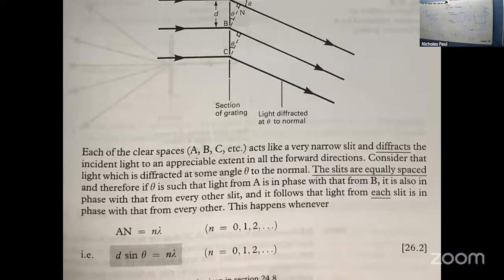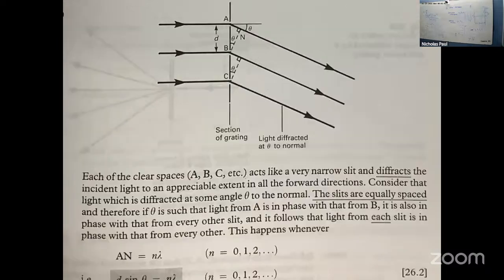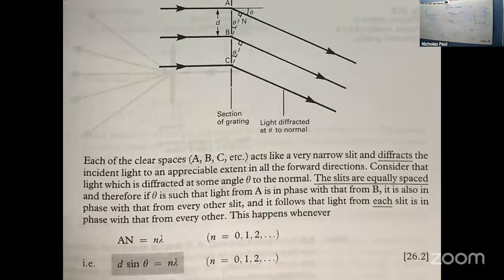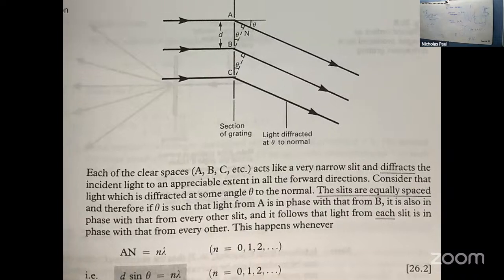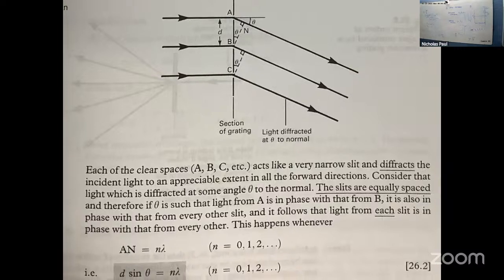So all those rays, those 3 rays that are coming out bending downwards, are all at an angle theta. The slits are equally spaced, and therefore if theta is such that light from A is in phase with that from B, it is also in phase with that from every other slit. So all 3 of them are in phase.